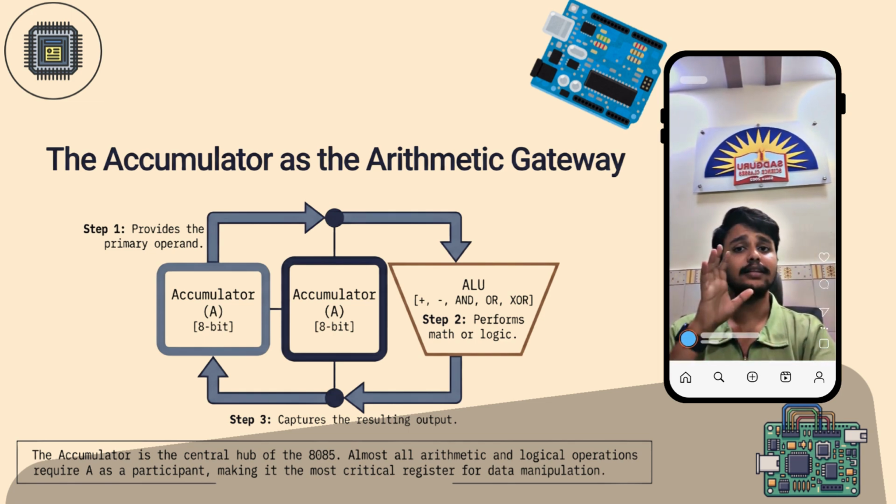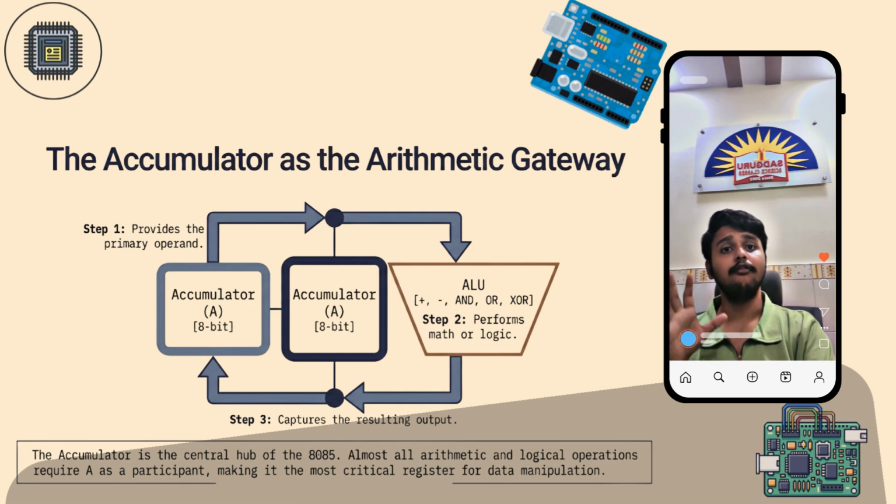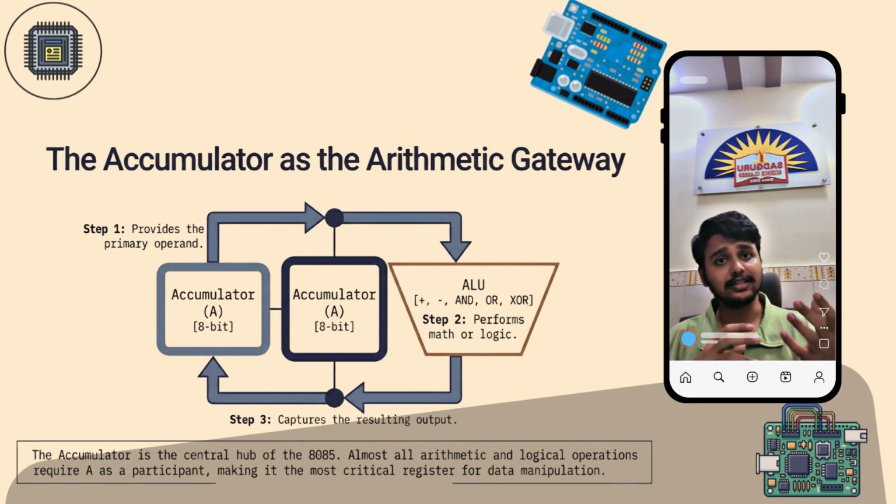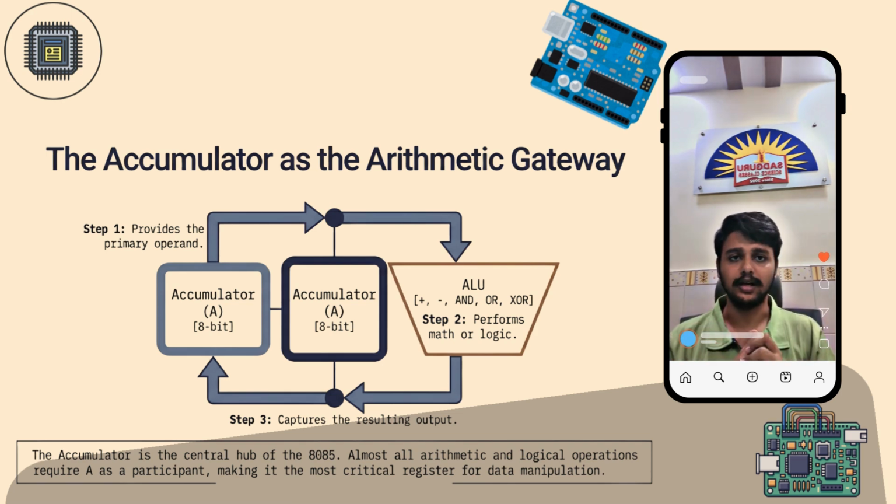For example, when two numbers are to be added, one of the operands is usually stored in the accumulator and the result of the operation is also stored back into the accumulator. Similarly, logical operations such as AND, OR and XOR are performed using the accumulator. Because of this central role, the accumulator is considered to be the most important register in the 8085.